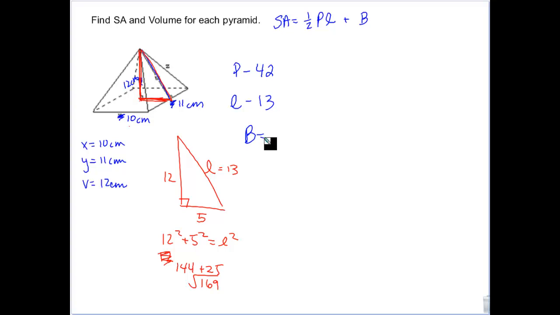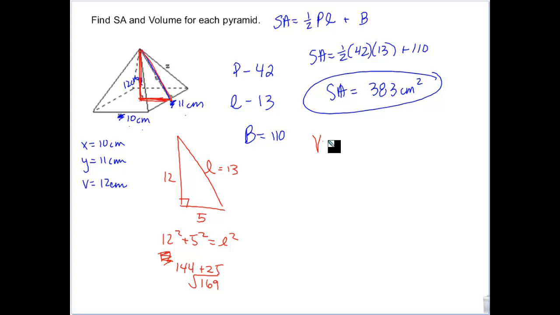Area of our base, well, our base is 10 by 11, so 10 times 11 is 110. So our surface area is 1/2 perimeter of 42, slant height of 13, plus the area of our base, which is 110. When we figure out what this is equal to, we get a surface area of 383 centimeters squared.